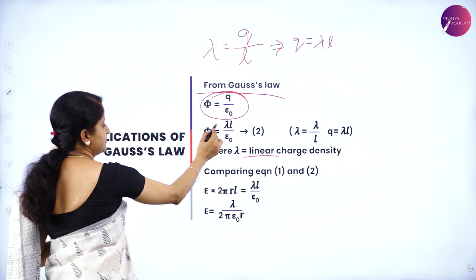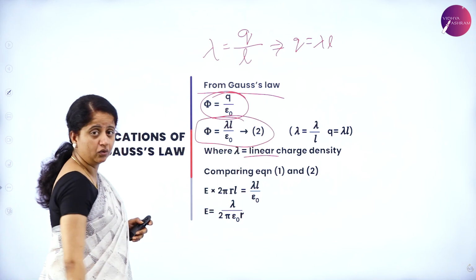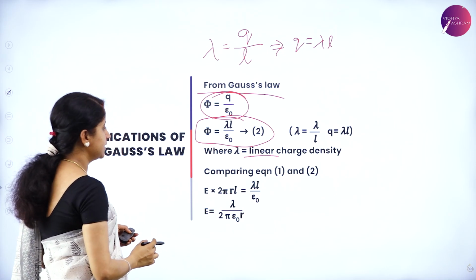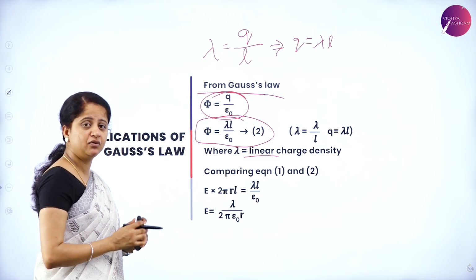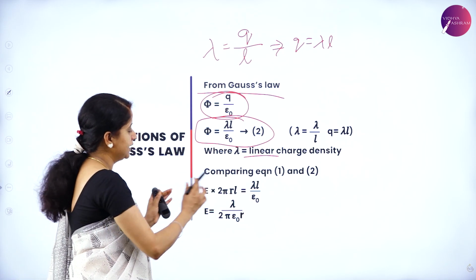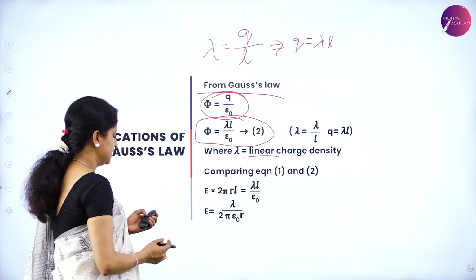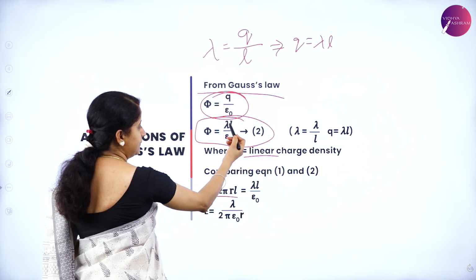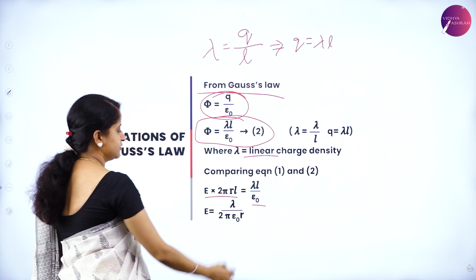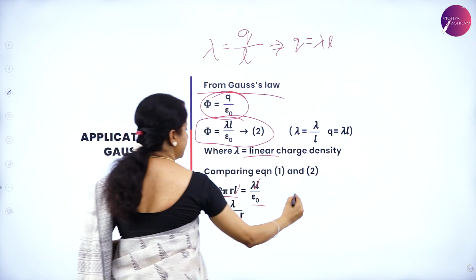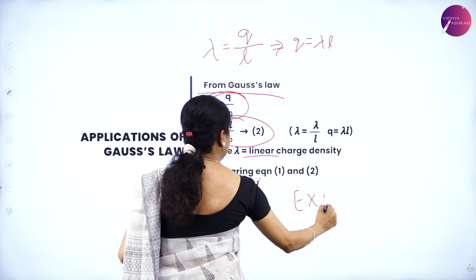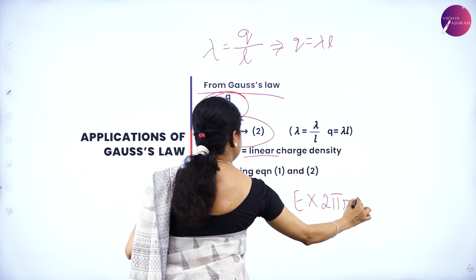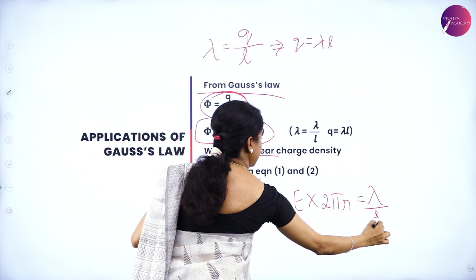Now we have the expression for flux from equations 1 and 2. We can compare these two equations because the LHS is the same in both, and we can equate the RHS of these two equations. From the first equation, E into 2 pi R L is equal to lambda L divided by epsilon naught. We can cancel L and L, and I remain with E into 2 pi R equal to lambda divided by epsilon naught.